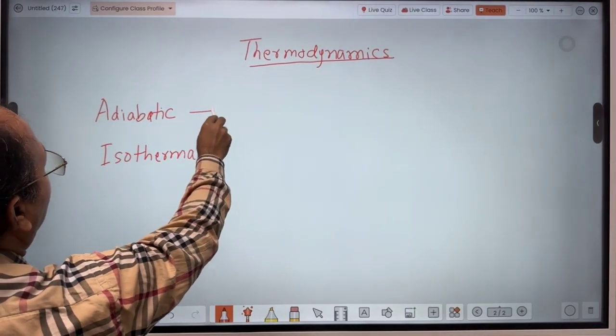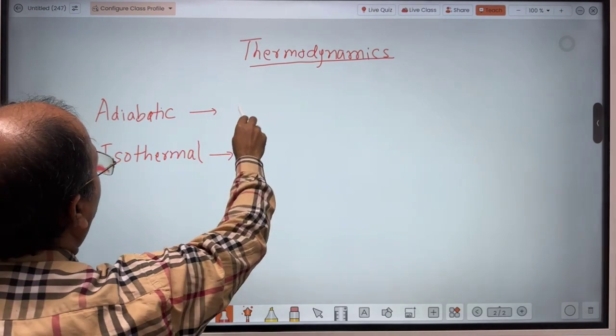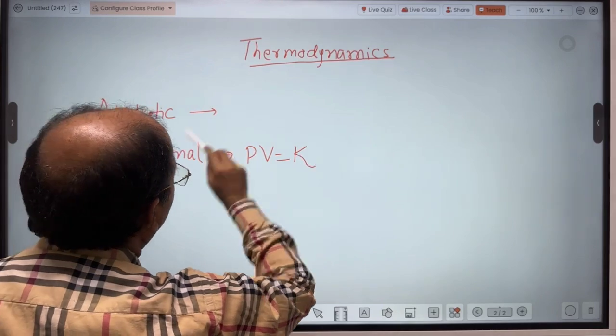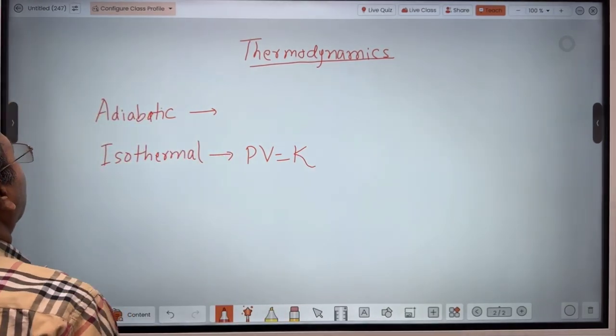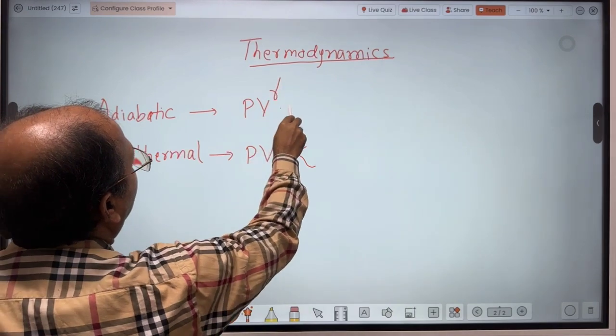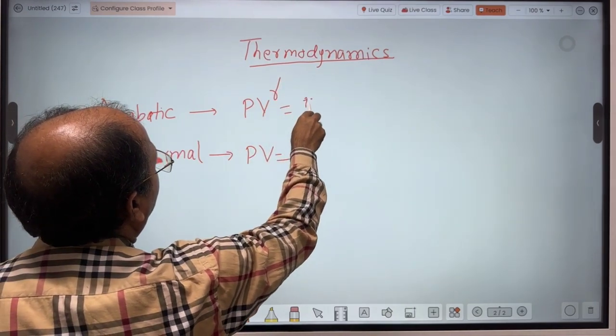So their equations of state can be written as this is PV equal to constant, and equation of state for adiabatic process is PV power gamma equal to constant.